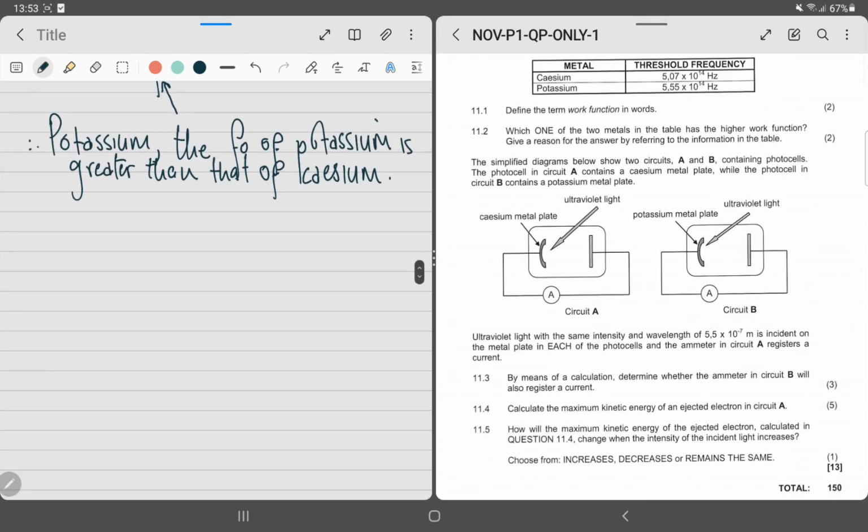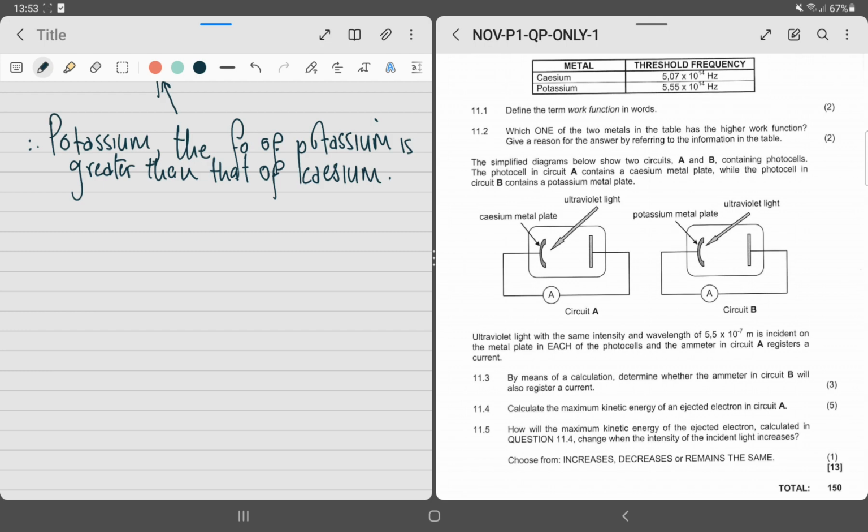The simplified diagrams below show two circuits, A and B, containing photocells. The photocell in circuit A contains a cesium metal plate, while the photocell in circuit B contains a potassium metal plate.